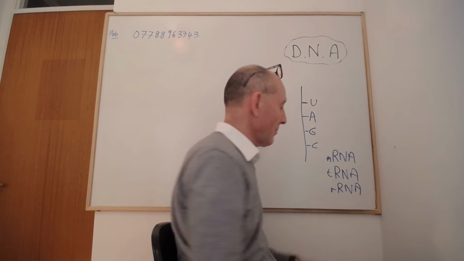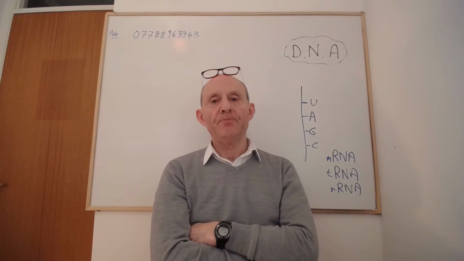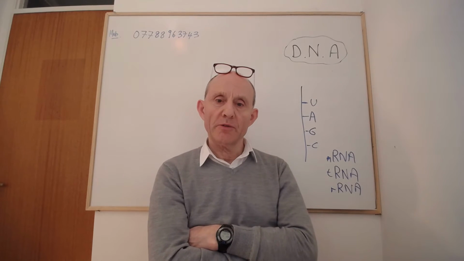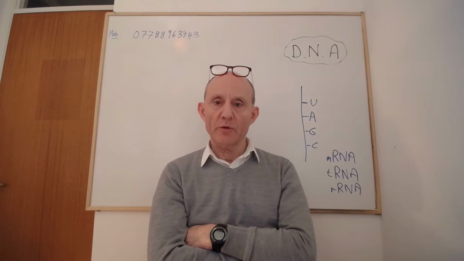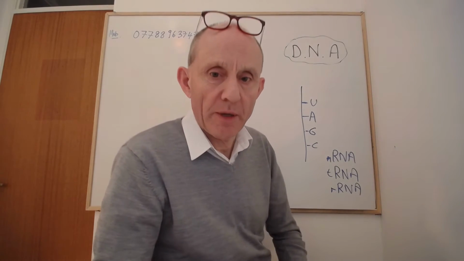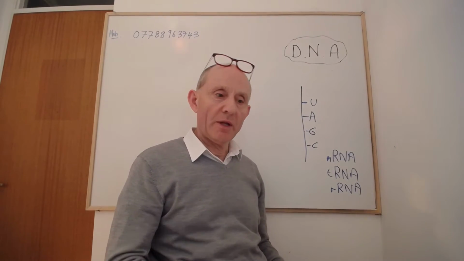Now, these RNA molecules, in simple terms, are involved in the process of protein synthesis. When the cell is making its proteins, when the DNA code is being read and the proteins are being made inside the cell, the RNA molecules are heavily involved.